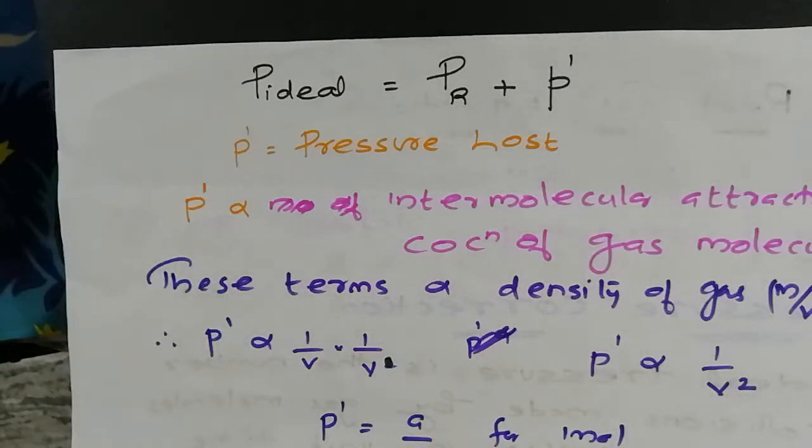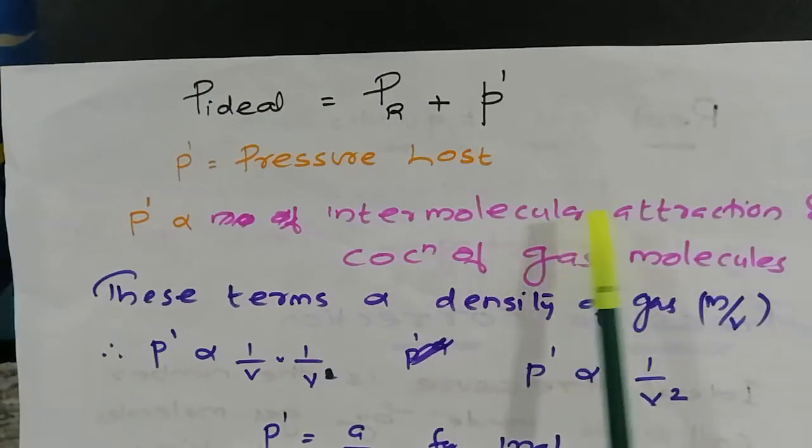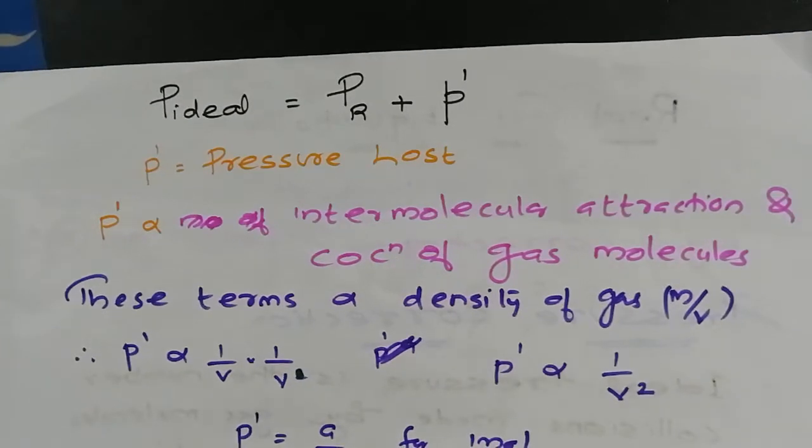This pressure loss is directly proportional to two factors. One is the intermolecular attraction between the gas molecules, and the second is the concentration of gas molecules. When the intermolecular force of attraction is strong, the amount of pressure lost is very high. When the number of gas molecules is very high, the pressure loss is also higher.